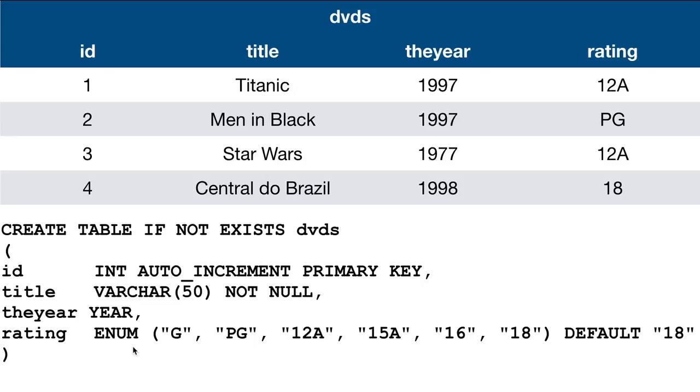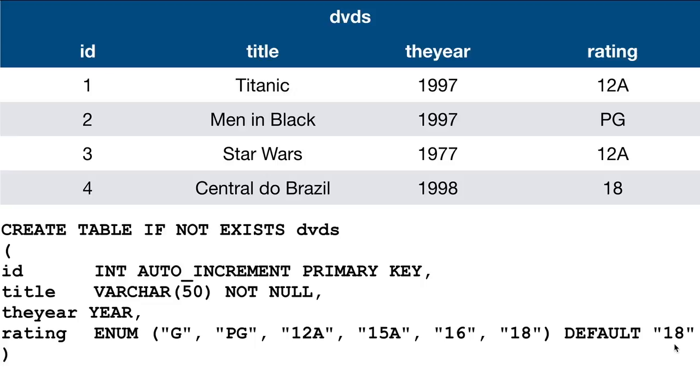Now, this isn't required. I haven't said this can be null or not null. But I've done something interesting here. If we add a movie to the database and we don't specify the rating, then it will go in as 18 by default. And I've decided when I'm designing the system that we want to make sure that we only rent appropriate movies.